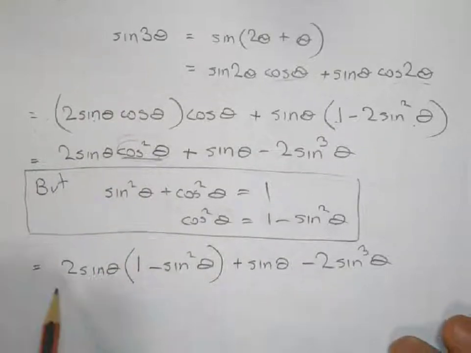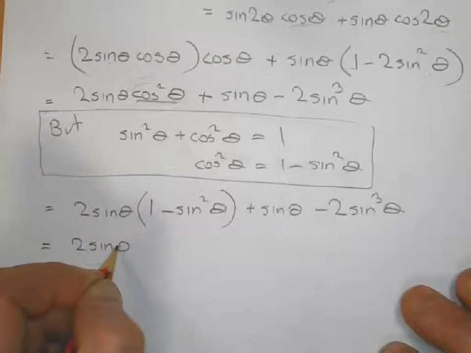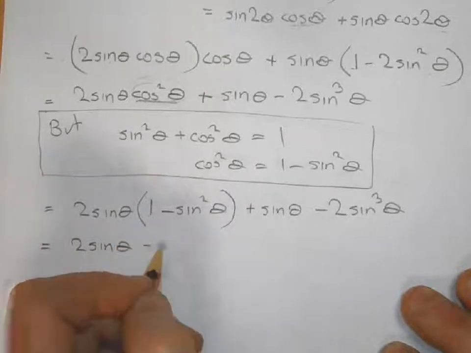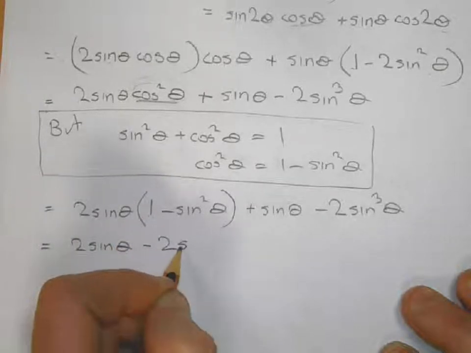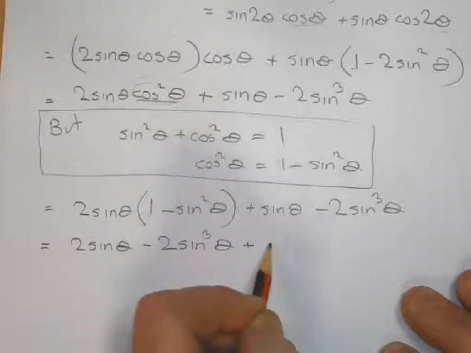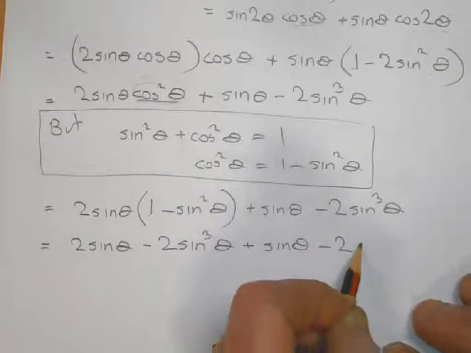Again, multiply out the brackets, so I end up with 2 sine theta times 1 is 2 sine theta. 2 sine theta times negative sine squared theta is going to be minus 2 sine cubed theta, plus your sine theta here, and then minus your 2 sine cubed theta.